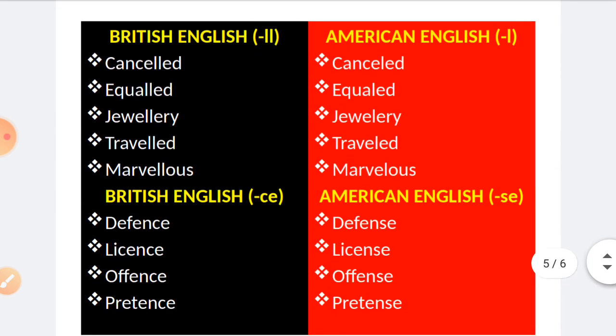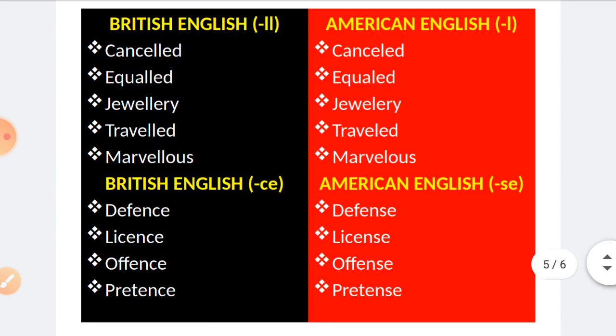Now, here we see two differences. The very first difference is that a double L is replaced with a single L in American English. For example, in words like cancelled, CANCELLED, the double L is there in British English, whereas in American English only a single L is written, CANCELED.